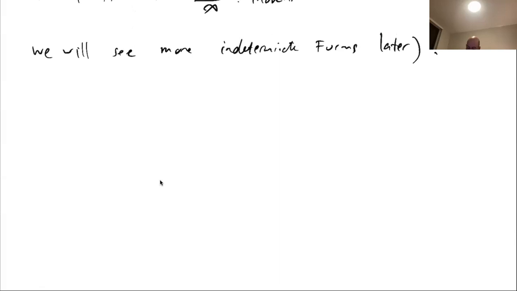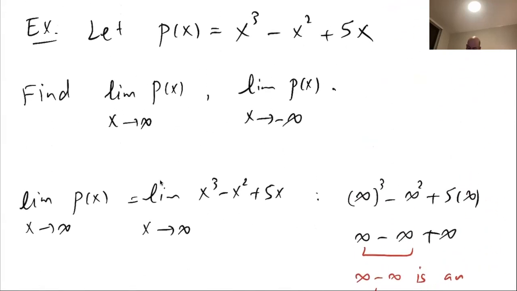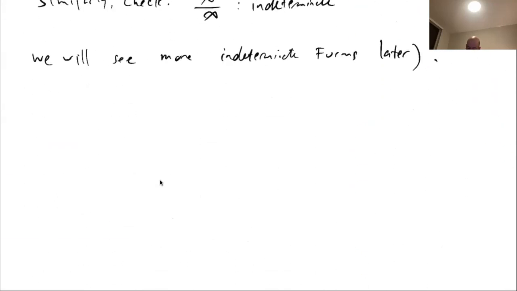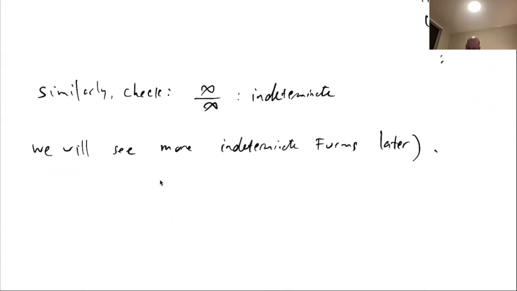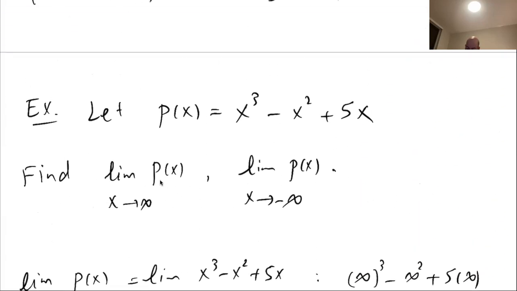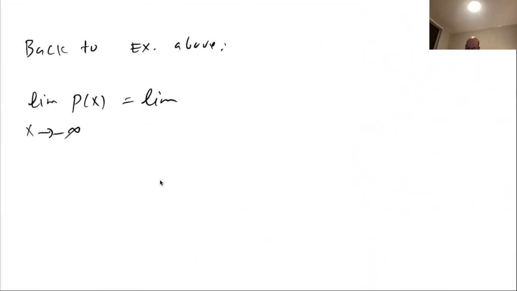Okay, so for this function, the polynomial that we had, we calculated the limit at infinity, and it turns out to be infinity. What about the limit at minus infinity? Back to the example above. Limit p of x as x goes to minus infinity. This is limit of x cubed minus x squared plus 5x as x goes to minus infinity.